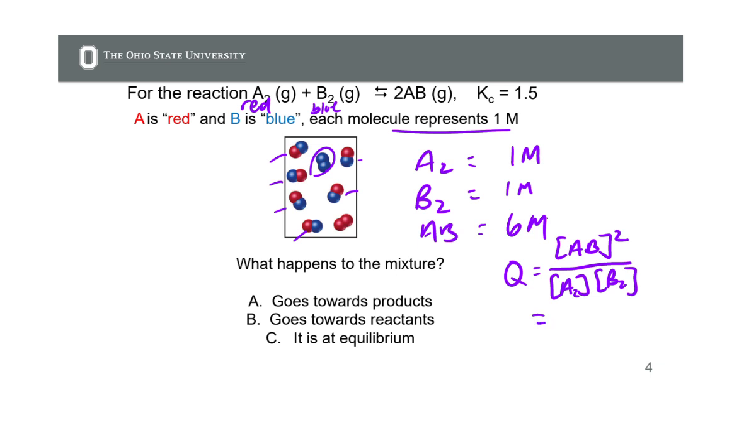So plugging in these values that we've determined based on simply counting these molecules that represent 1 molar each, we're going to get 6 squared in the numerator and 1 times 1 in the denominator, which gives us 36. So this is our value for Q. In the problem, we're given that K is 1.5. Therefore, Q is greater than K. And so which way is the reaction going to proceed? Towards the reactants or the products?